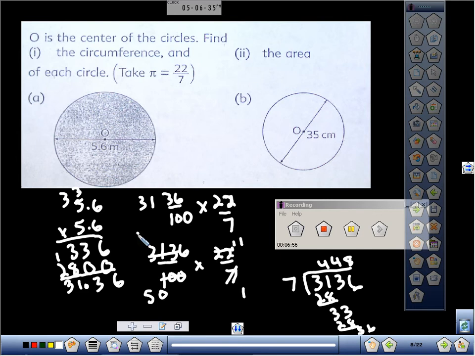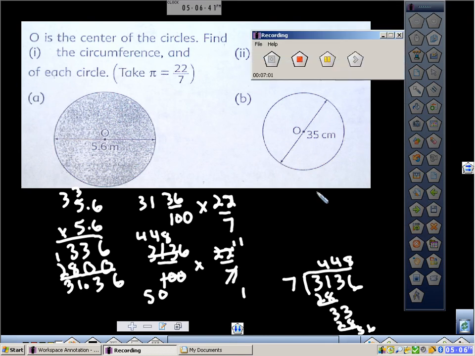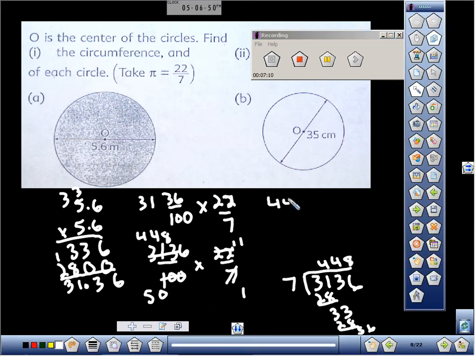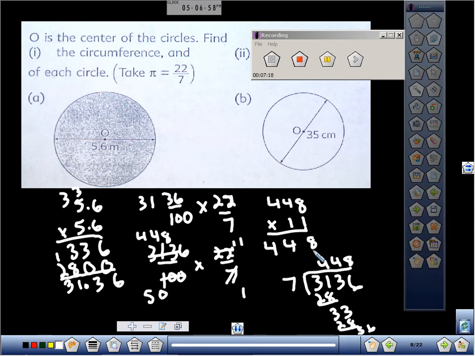This is going to be 448. Now we're going to have to go 448 times 11 over 50. So we go 448. That's a lot of work, huh? Times 11. 8 times 1 is 8. 4, 4, then 0. And I don't recommend you run everything together like this.